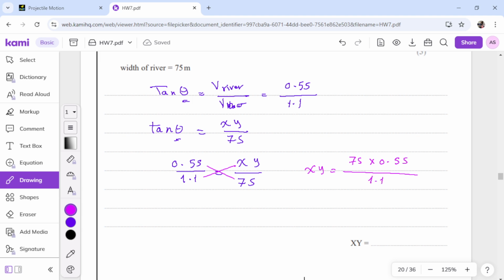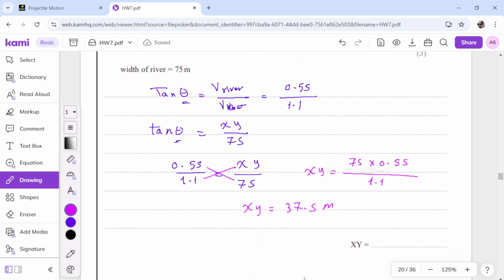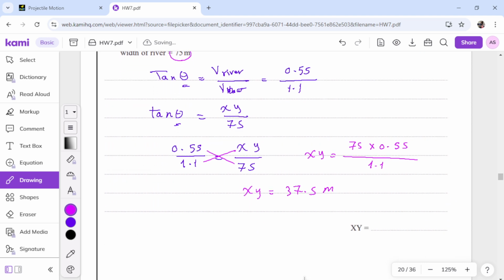So now we have to use the calculator. XY will equal 37.5, and we have to use the same unit, so it will be meters. We can round it because we are talking about only two significant figures, so we round it to 38 meters, and don't forget to use the same significant figures.